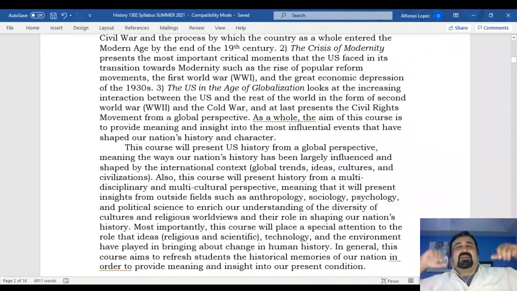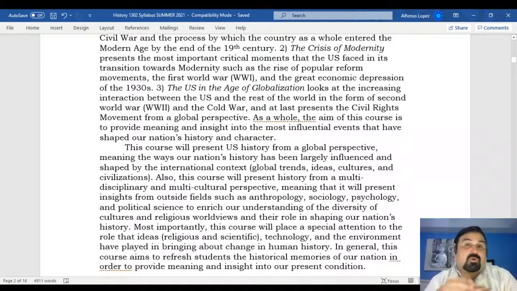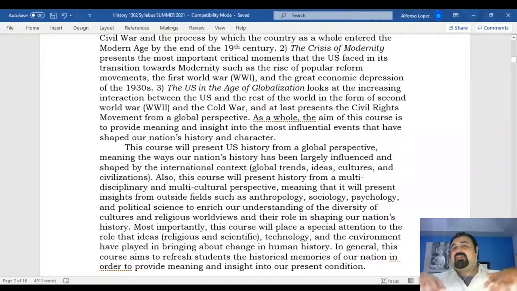So the world was in a crisis, and the nations that were at war were the most modern nations of the world, the nations that had modernized, the nations that went through an industrial and technological revolution, that were very advanced technologically and scientifically and economically. Those were the nations that were at war. And so that's why historians call this period of time the Crisis of Modernity.